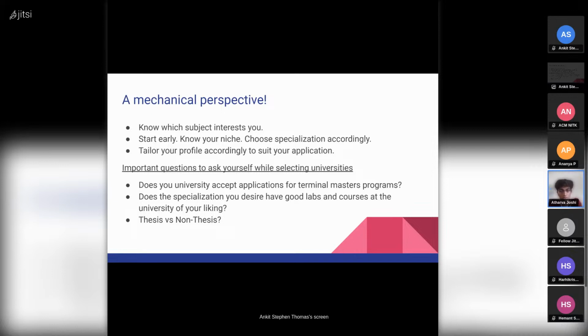Whatever it is, mention and briefly explain your choice in the SOP. You can always shift from a thesis to a non-thesis option, but it will be good if you give the admission committee clarity on why you want a thesis option, why you want to specialize in a particular domain, etc. And not all universities offer thesis, so choose accordingly.